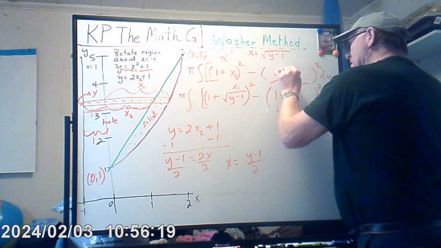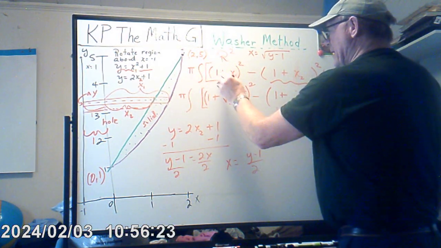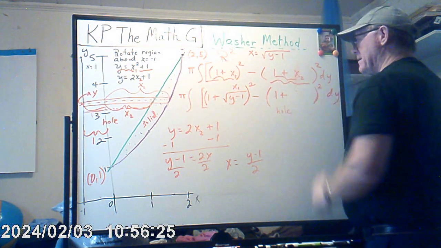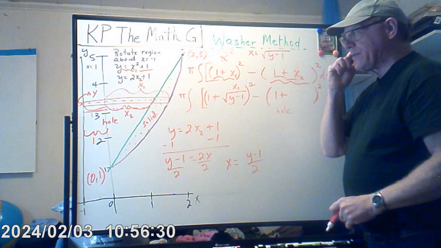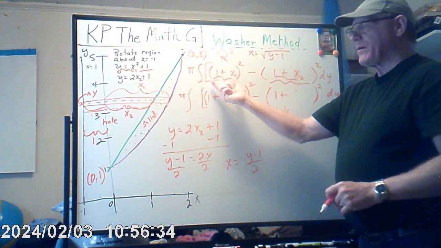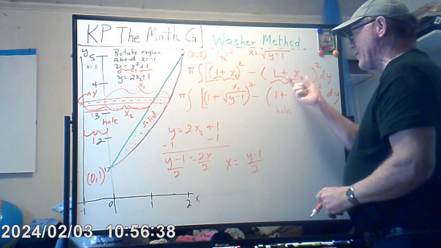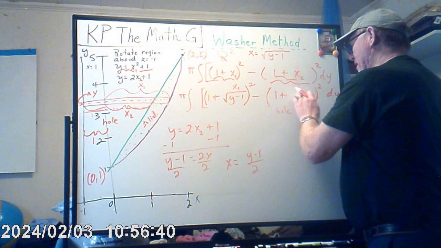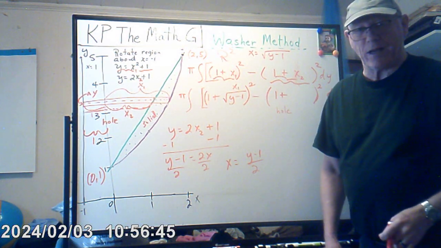So 1 plus x of 2. See the pattern. If this was 1 plus x of 1, you might as well just go ahead, instead of trying to figure all this out, if you see the pattern on the first one, then this is 1 plus also. Alright? If it had been 1 minus, this would be 1 minus, which we're going to find out in just a little bit.